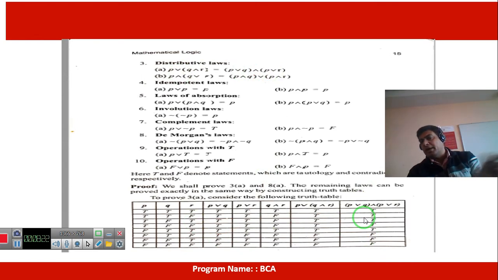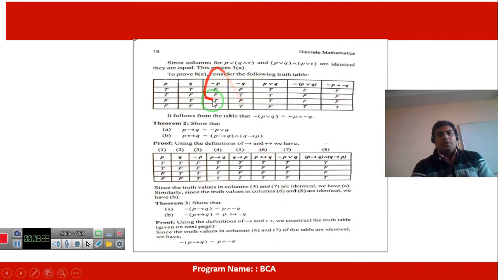They are equivalent statements. Similarly, here the 8A, De Morgan's law: this value and this value are completely the same, so they are also equivalent, so they are proved.